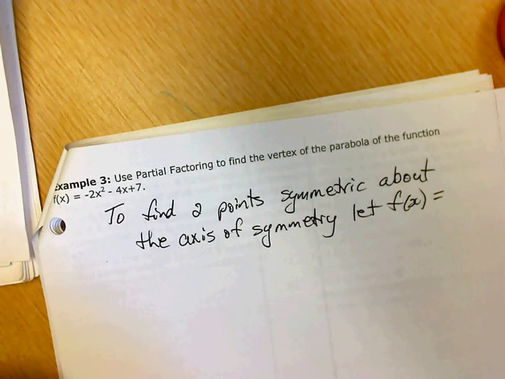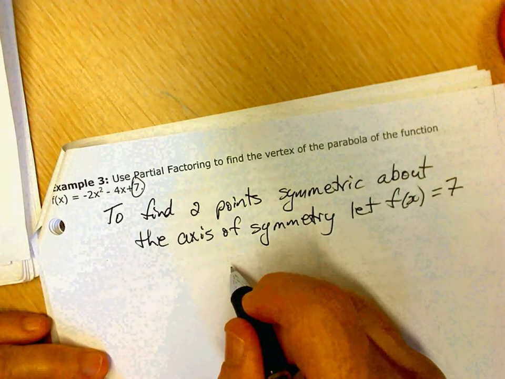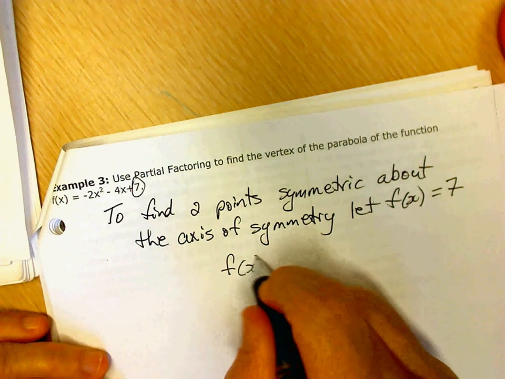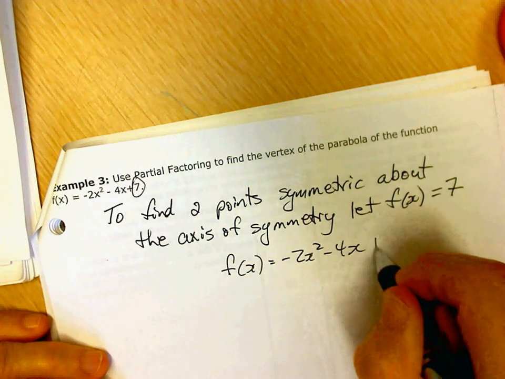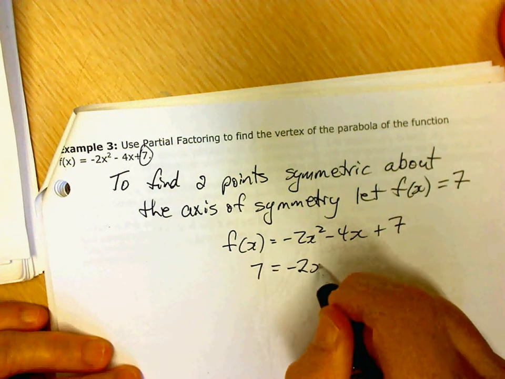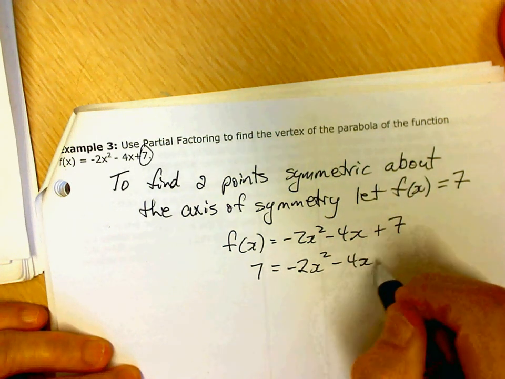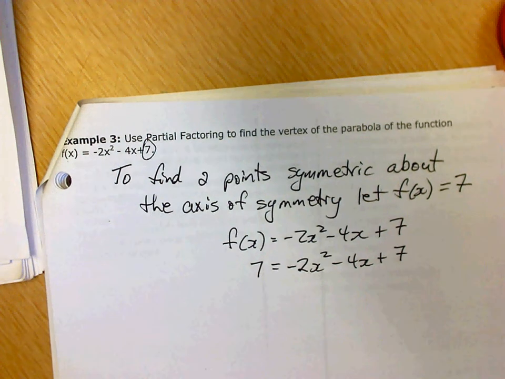So we write, this is our original equation. So we write 7 equals the function. So let's do it, and then we'll partially factor.